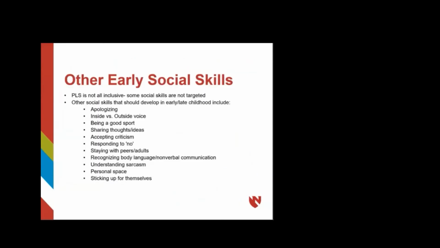Preschool life skills, although it is so awesome, is not an all-inclusive program or curriculum. There are some social skills that are super important that are not targeted in that curriculum.